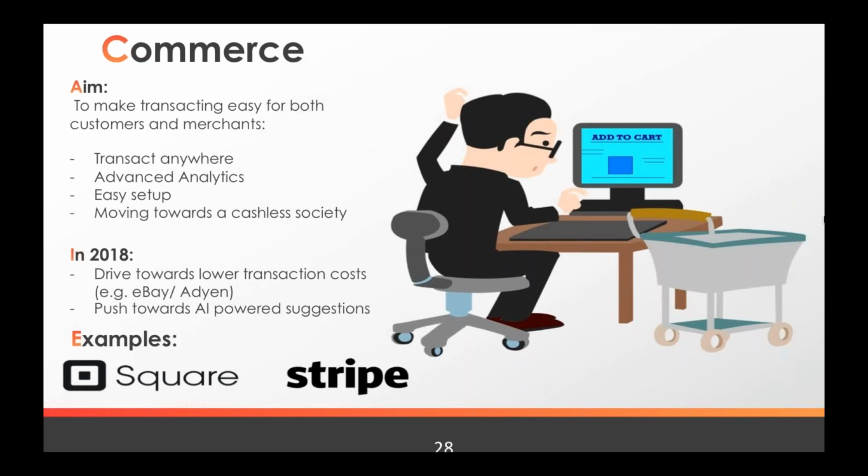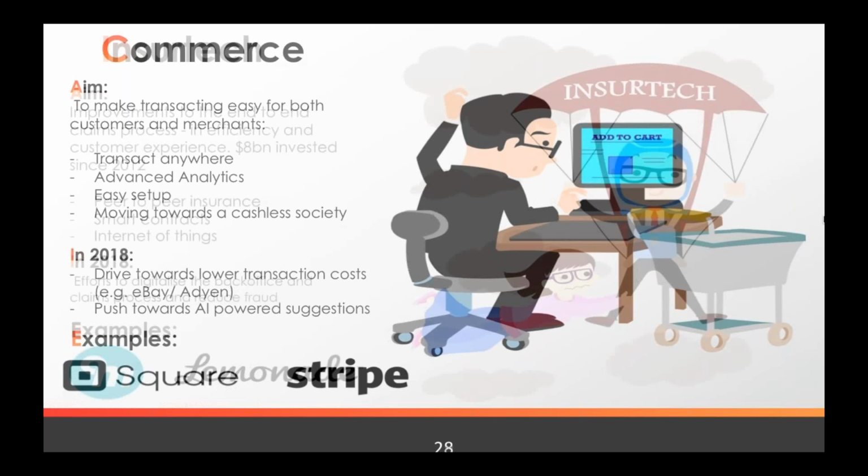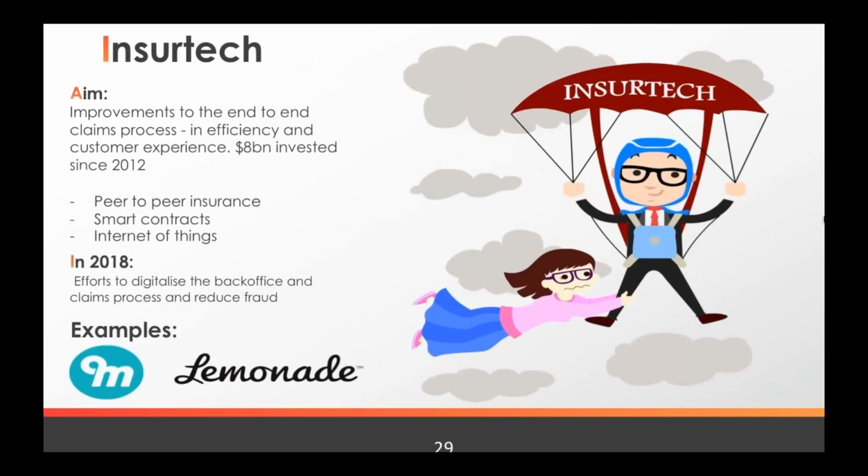The following category is InsurTech. Insurance is quite a big industry. 8 billion has been invested into these types of companies since 2012, and a lot more will come in. A full session would be needed to talk about insurance properly, but the main thing we're seeing in this category is peer-to-peer insurance setups.